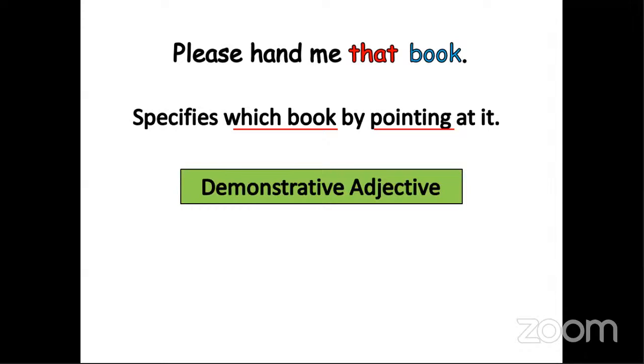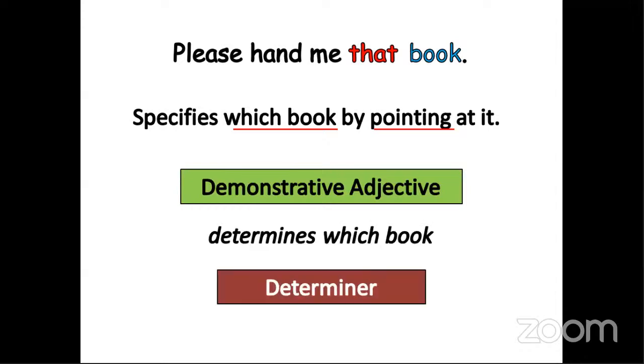When he says that book, he is pointing out specifically to a particular book. Hence, this demonstrative adjective is a determiner. So you will notice that the determiner that restricts the noun. What does it mean? It means among all the books, that is restricting which book he is talking about. So that is a determiner.